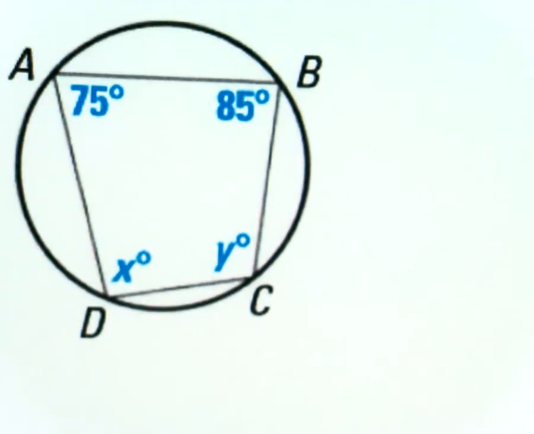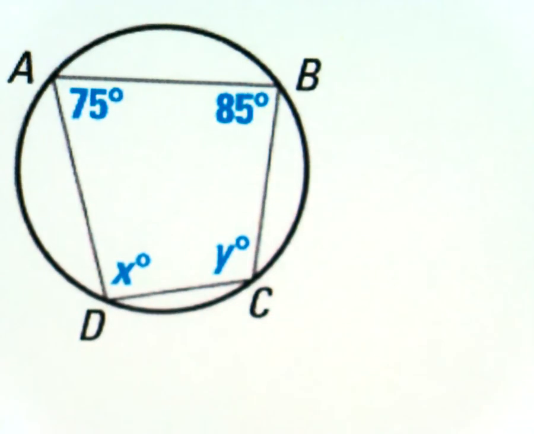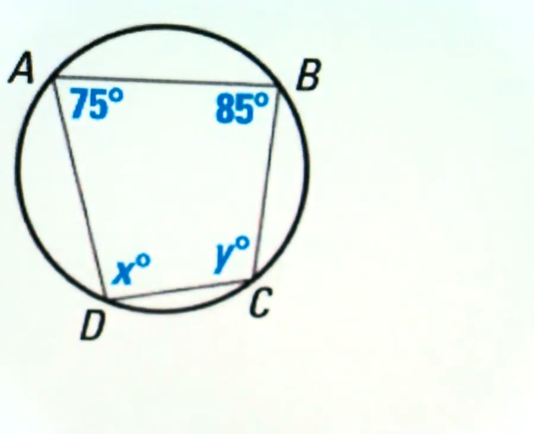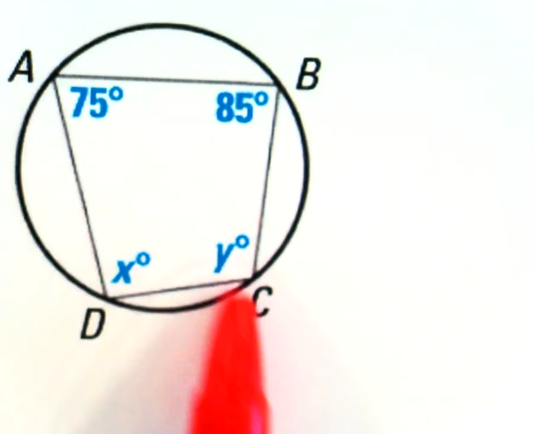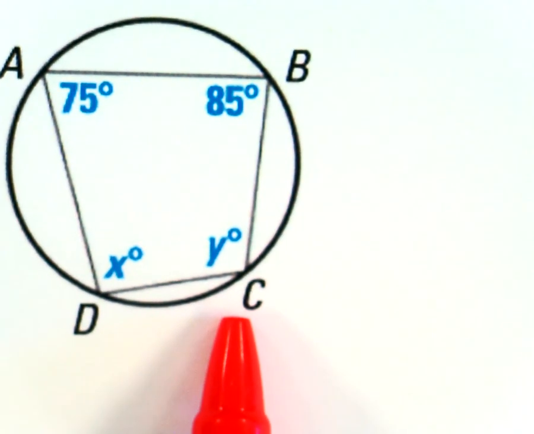So here, remember that the opposite angles are the same. Didn't we already do this one? Here we go. Opposite angles are supplementary. So 180 minus 75 would be y, which would be 105.